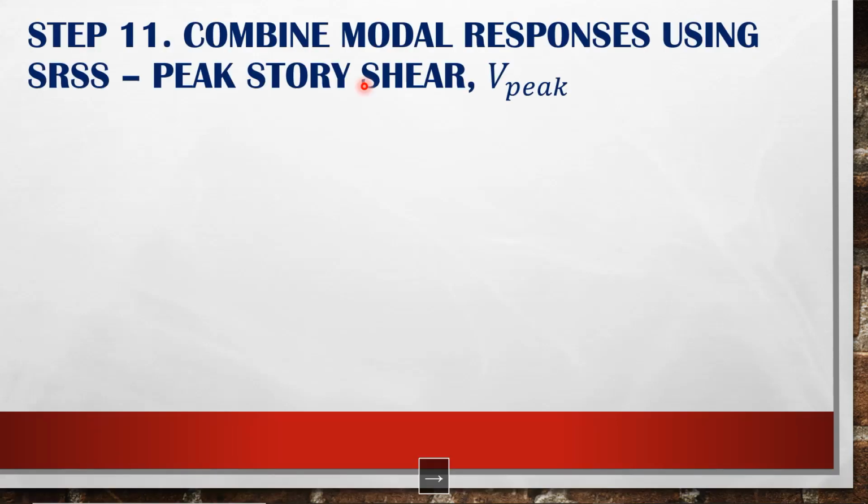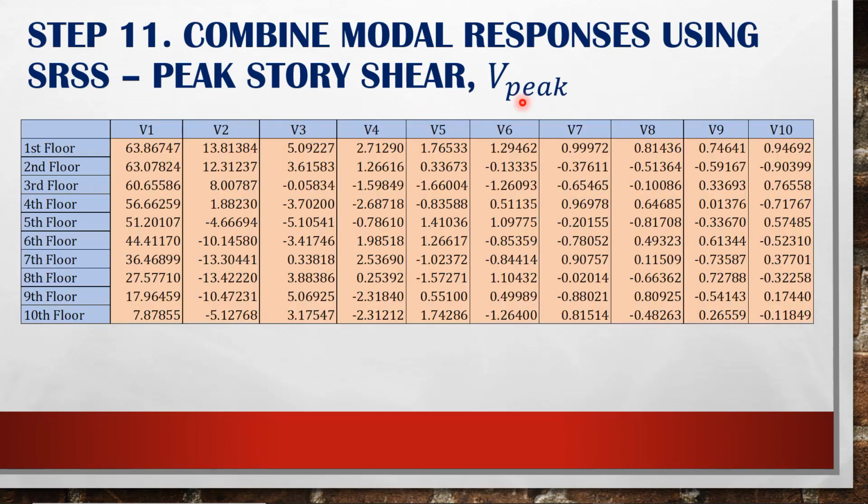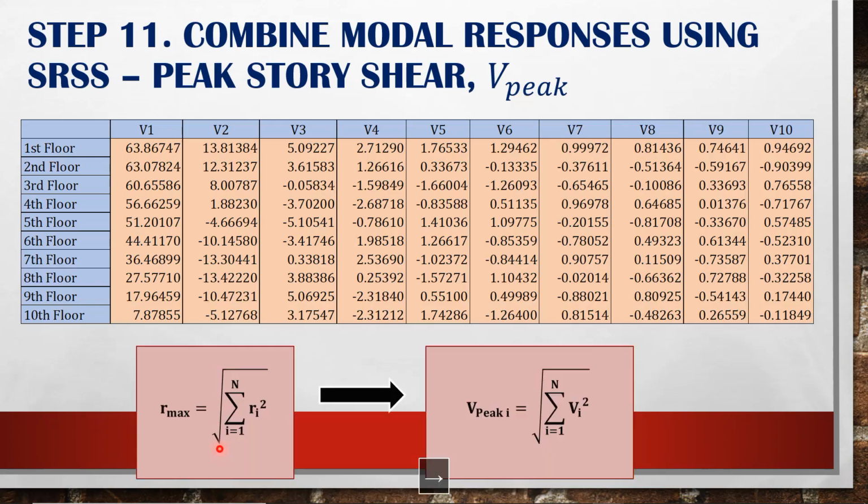Step 11, combine modal responses using SRSS: peak story shear. We need the modal story shear force that we solved earlier in order to solve this peak story shear, because the formula we will use is the SRSS. V peak i is equal to the square root of the summation of Vi squared.